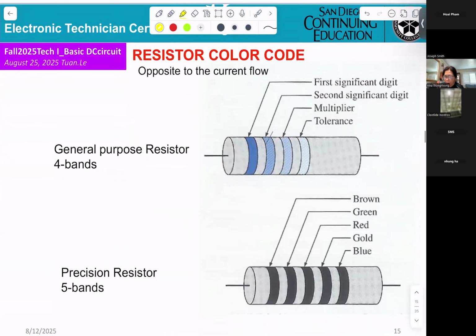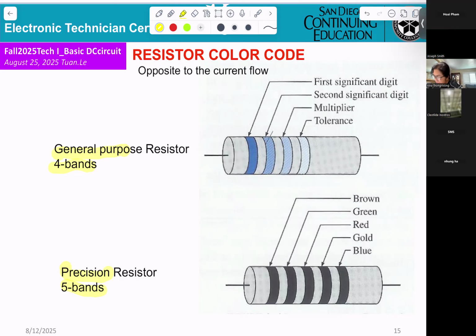And now they're talking about color code. General purpose, 4-band. Precision, 5-band. The general purpose is not as accurate as precision.